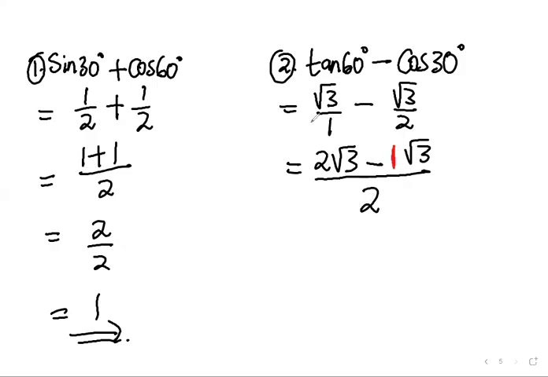Now I want to show you something, because if it's like this, maybe some of you might get confused. So what if I had 2x minus 1x? What was going to be the answer?